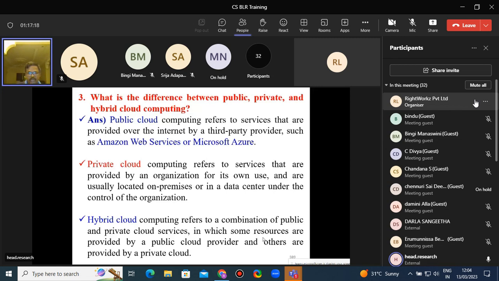Then hybrid cloud computing. Hybrid cloud is a combination of public and private cloud services in which some resources are provided by a public cloud provider and others are provided by a private cloud.